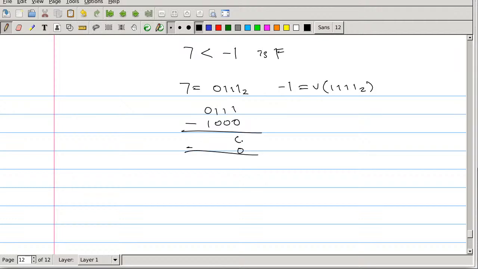1 minus 0 is a 1. Then 0 minus 1 is a 1 with a borrow of 1. 1 minus 0 is a 1 again.